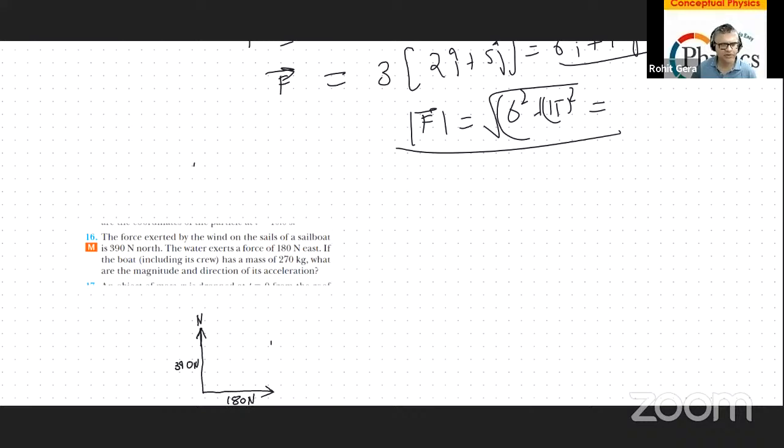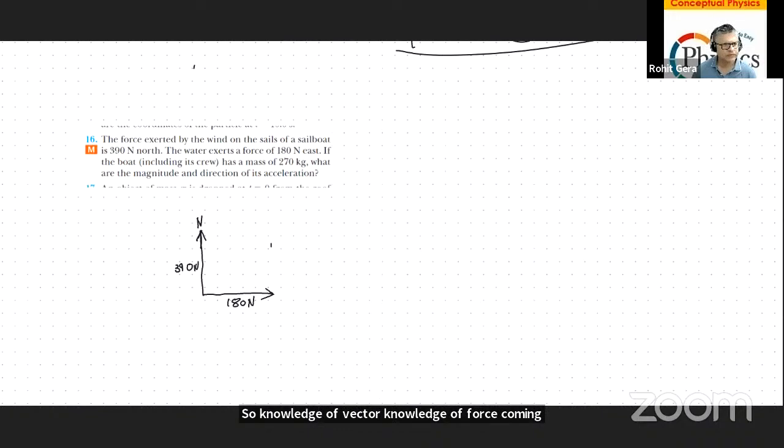So knowledge of vector, knowledge of force coming all together. ठीक है, आता है, छोड़ दो. Understood. You get it. Understood.